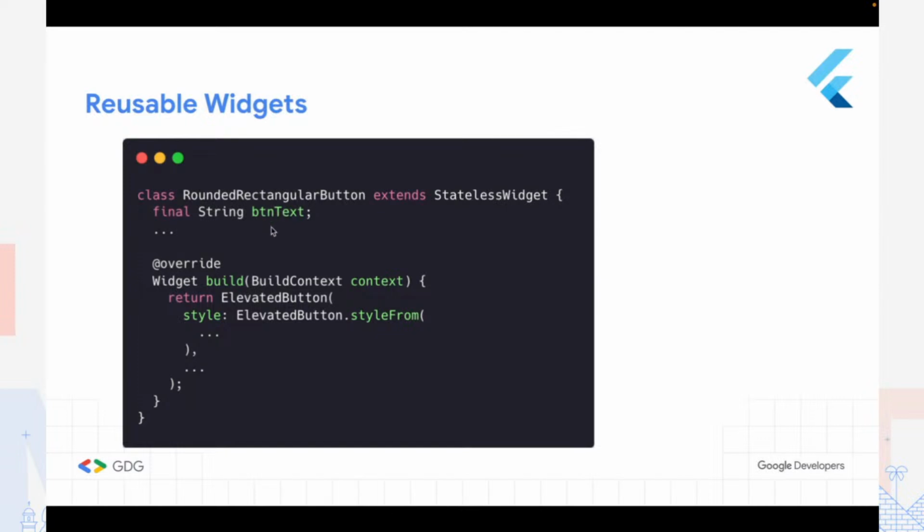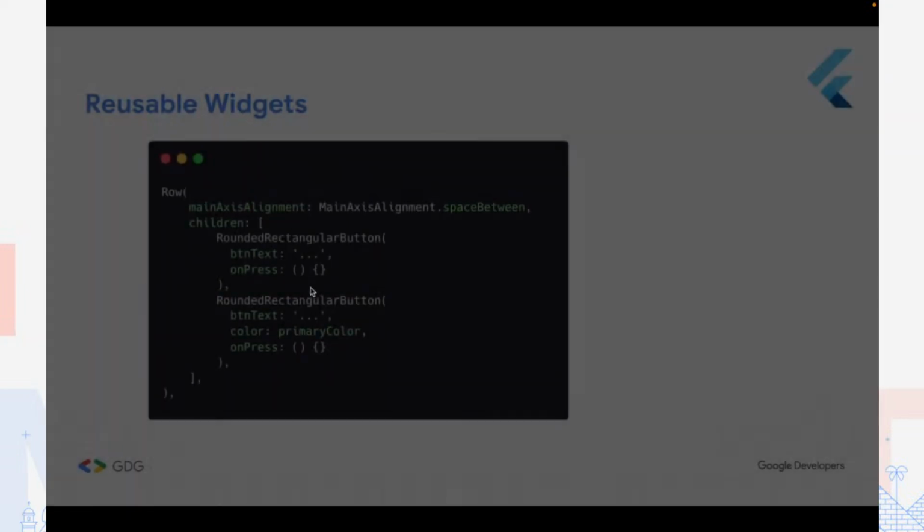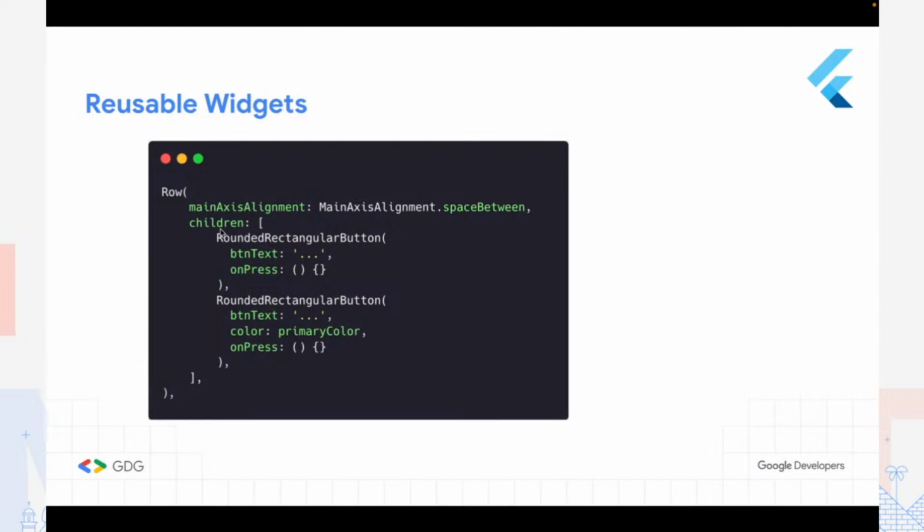So all these dynamic values will be added during the styling. What happens here is that I just have to call the rounded button 3 times, and I don't have to write all the styling code 3 times. So that is basically extracting and reusing the widgets.